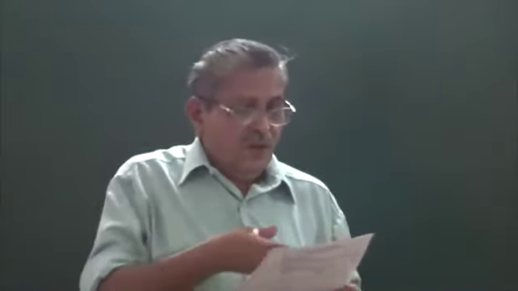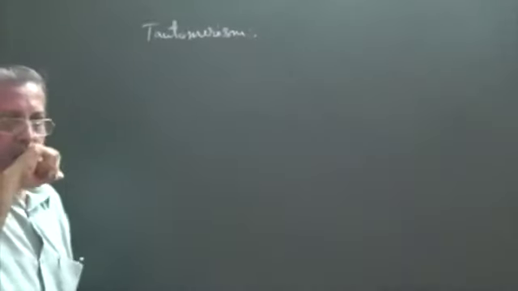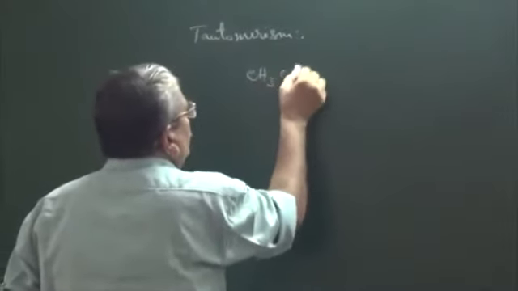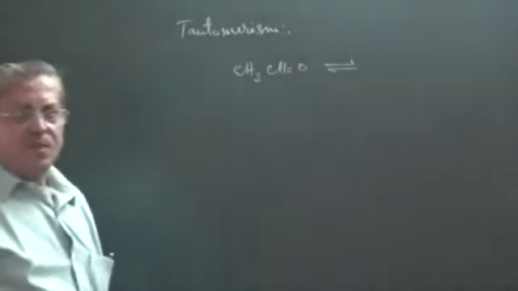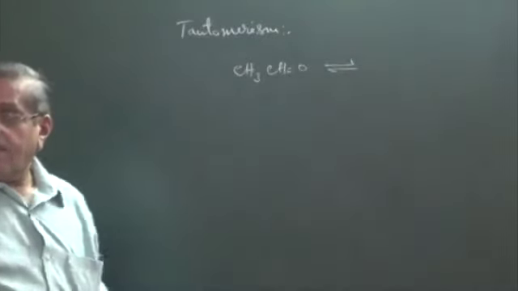Anyway, metamers are these types of compounds. Then one more we have already noted, tautomerism. Take for example CH3CHO, which is called acetaldehyde.